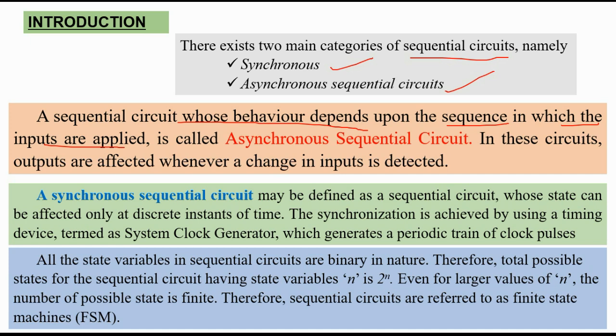Whereas synchronous sequential circuits may be defined as circuits whose state can be affected at any discrete instant of time. Synchronization is achieved by using a timing device termed the system clock generator, which generates a periodic train of clock pulses.